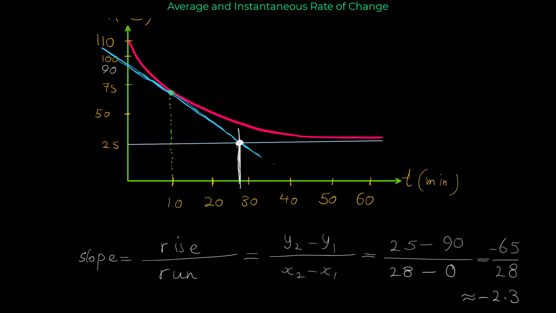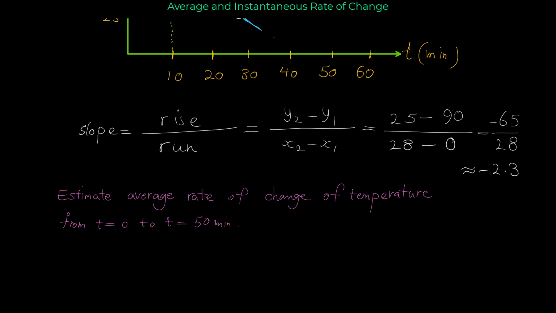So instantaneous rate of change or rate of change of the temperature is negative 2.3. In the next part of this question, we are asked to estimate the average rate of change of temperature from T equals 0 to T equals 50 minutes. For average rate of change, we need to have an interval, and as you can see, we have an interval. We want to find averagely what is the rate of change of temperature from 0 to 50.